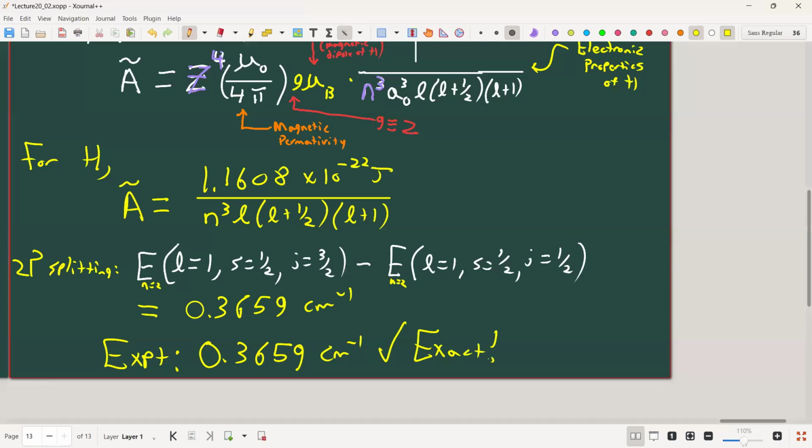All right, this is in some sense the real success of our hydrogen treatment here, right? Here's a really, really tiny effect. We predict that there is an interaction between the spin and the orbital angular momentum of the electron that first appears in the 2p state. And using quantum mechanics, we can actually derive this with a couple of integrals and wave functions.